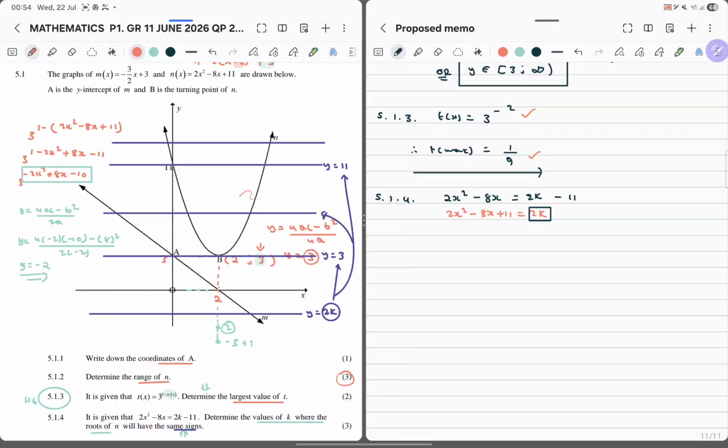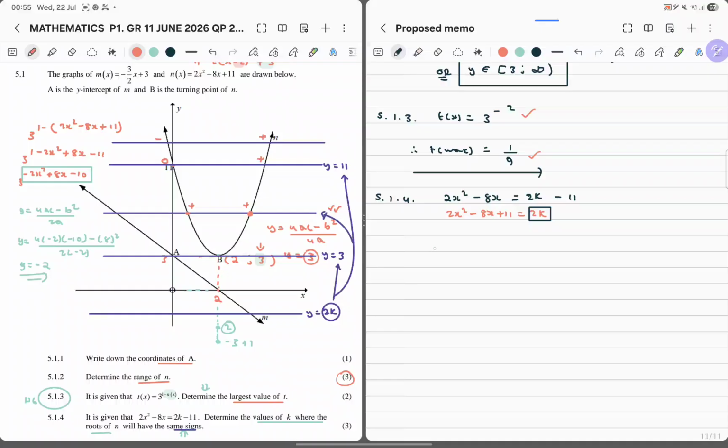This root is positive, and that root is positive. Remember, roots are the x-coordinates of the points of intersection of the two graphs. But here, this is positive, this is 0. 0 is neither positive nor negative. This one is positive and this one is negative. So this is the one that gives us the answer.